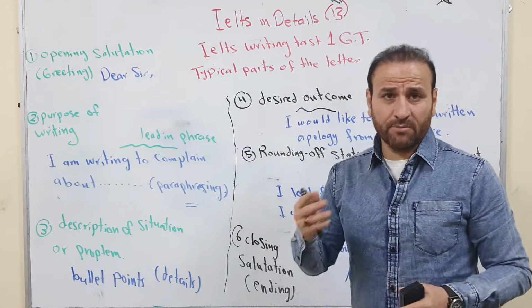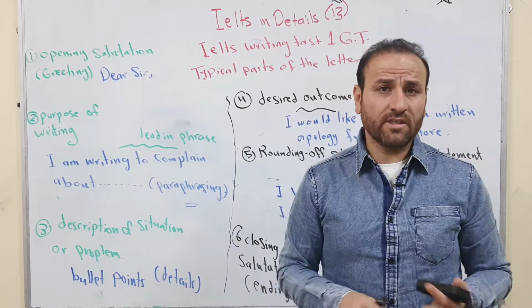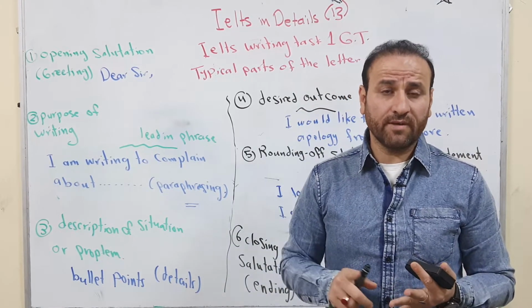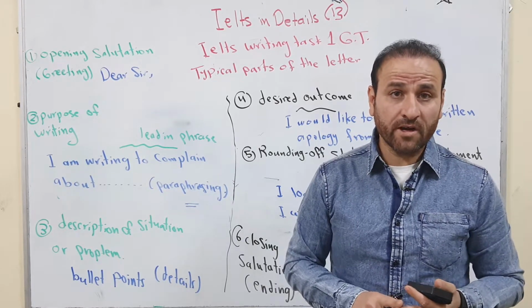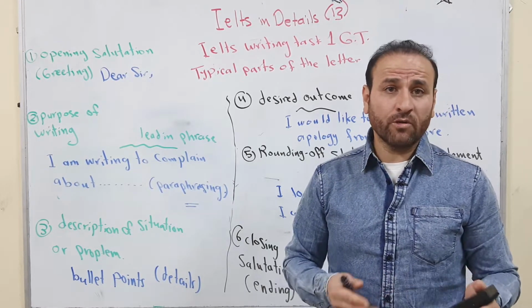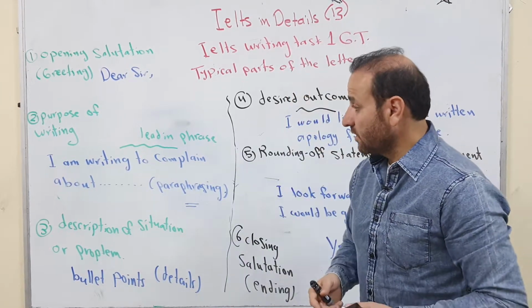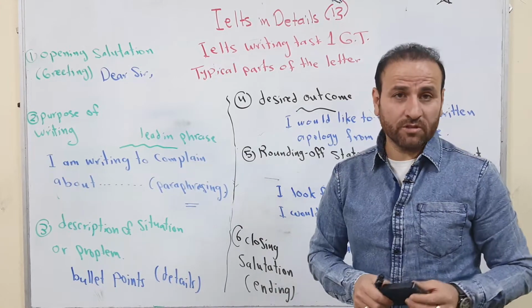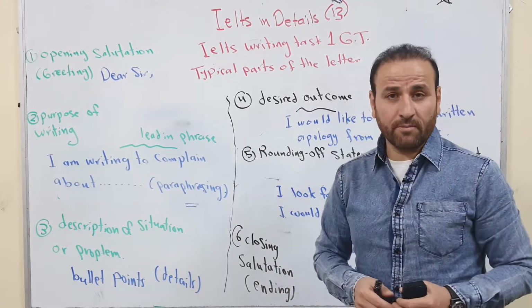How do I paraphrase? I mentioned in a previous video how to paraphrase using, for example, synonyms, or changing the word form or the structure of the verb, or changing the order of words.